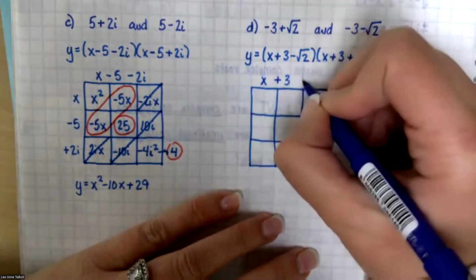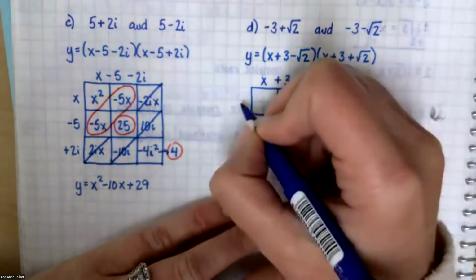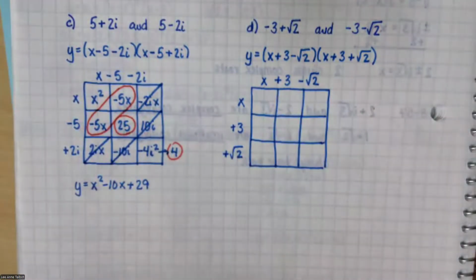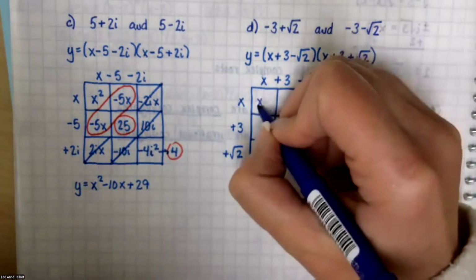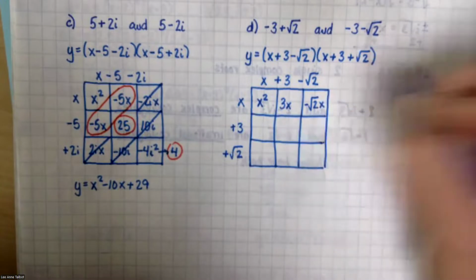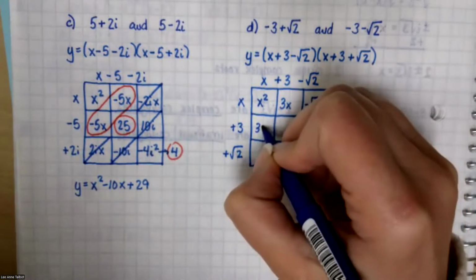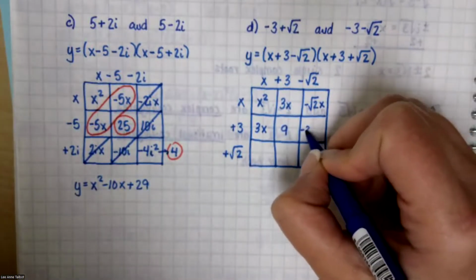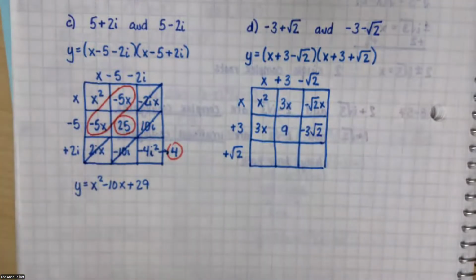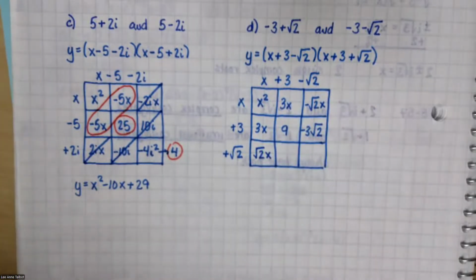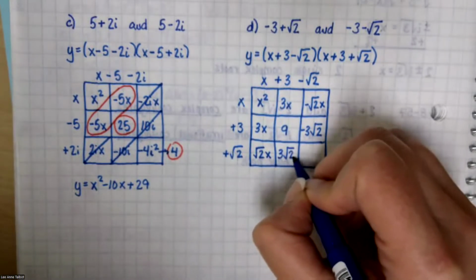X plus 3 minus root 2, x plus 3 plus root 2. X squared, 3x, negative root 2x, 3x, 9, negative 3 root 2, root 2x, positive 3 root 2.